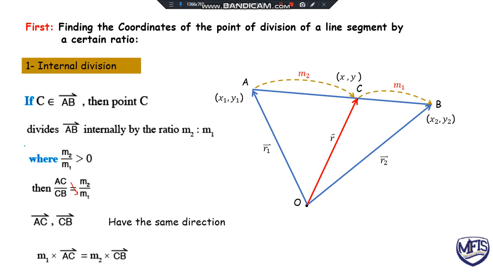So as we studied before, any two straight lines in the same direction, we can relate the two straight lines with a constant K. So now we have M1 times directed line segment AC equals M2 times directed line segment CB.